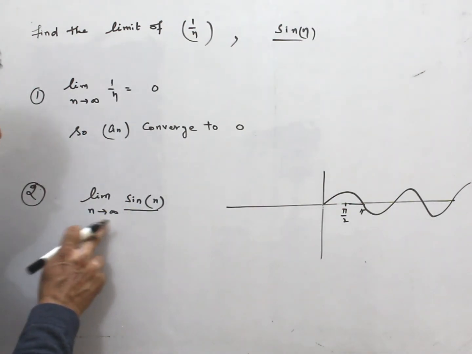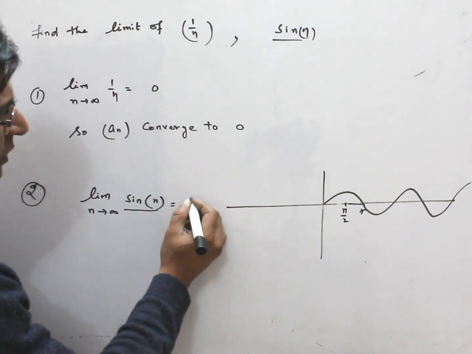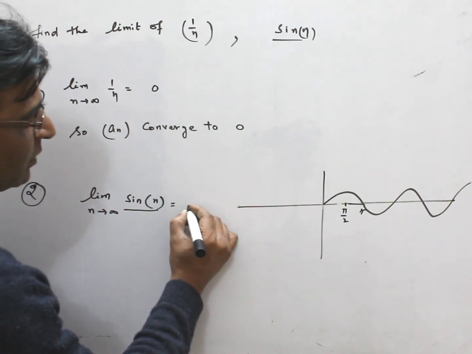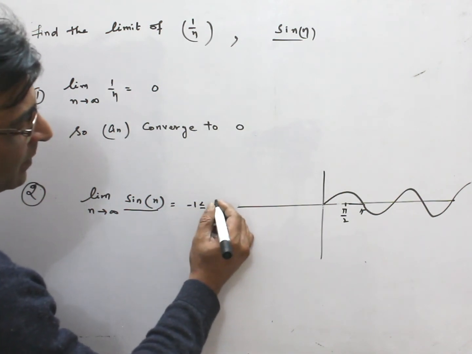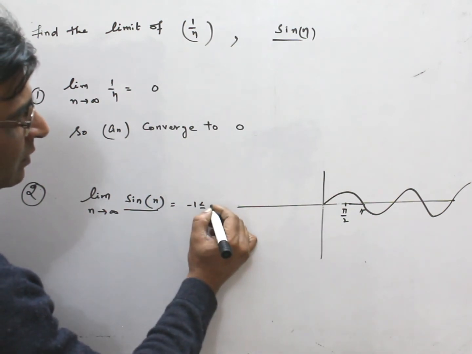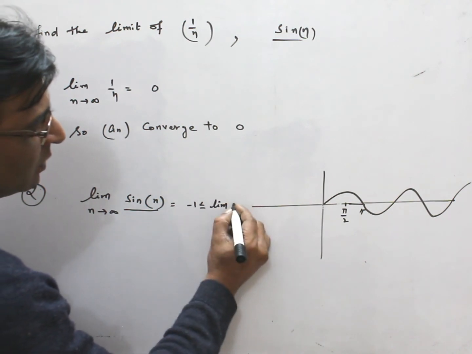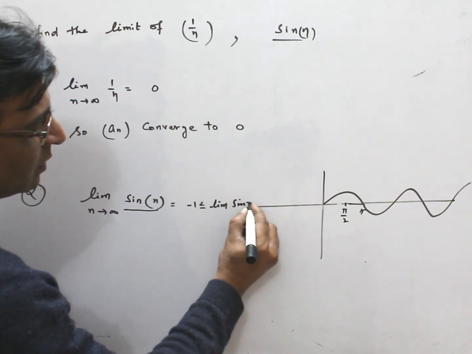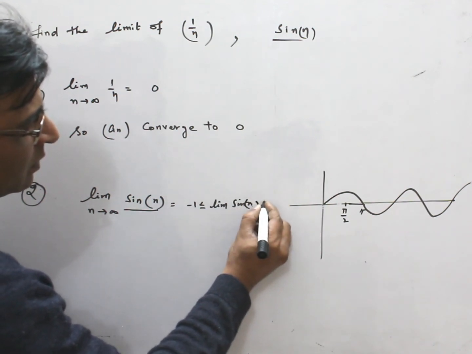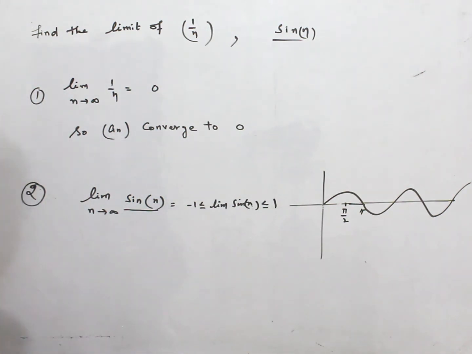So when n approaches infinity, the limit of the function lies between -1 and 1.